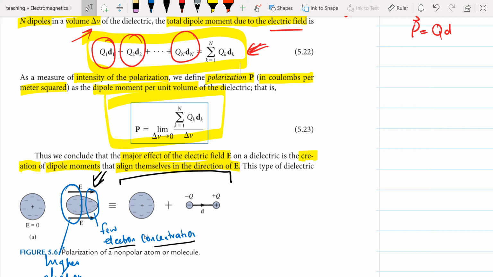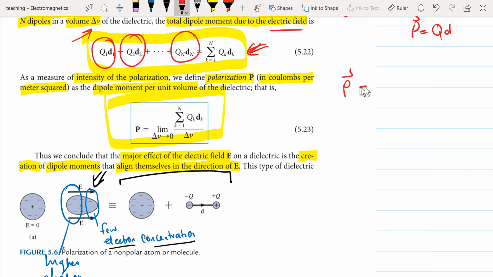Now, in addition, we can develop another measure of intensity of the polarization by defining a polarization vector P, now capital, which is measured in coulombs per meter squared, which can be considered to be equivalent to the dipole moments per unit volume of the dielectric.